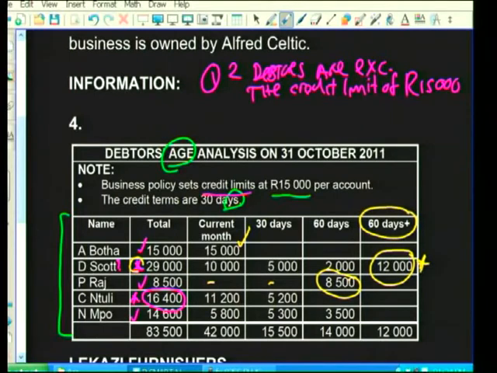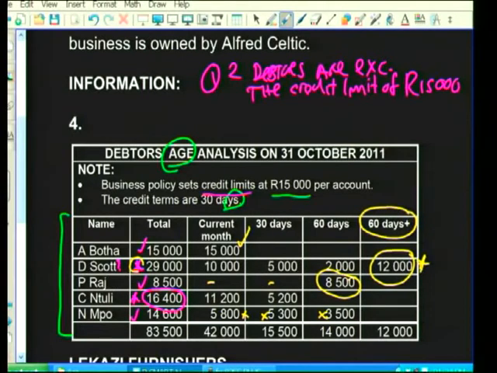Okay, C. and Thuli, he's exceeded the credit limit. Okay, and again, can you see he's not paying us on time either? Okay, and D. Impo hasn't exceeded the credit limit, but again, he's obviously owing us for more than 30 days.